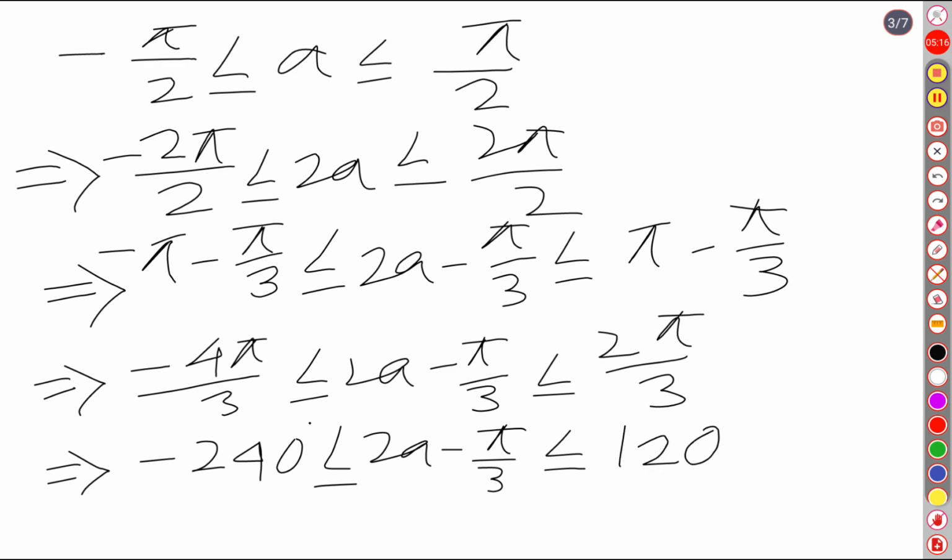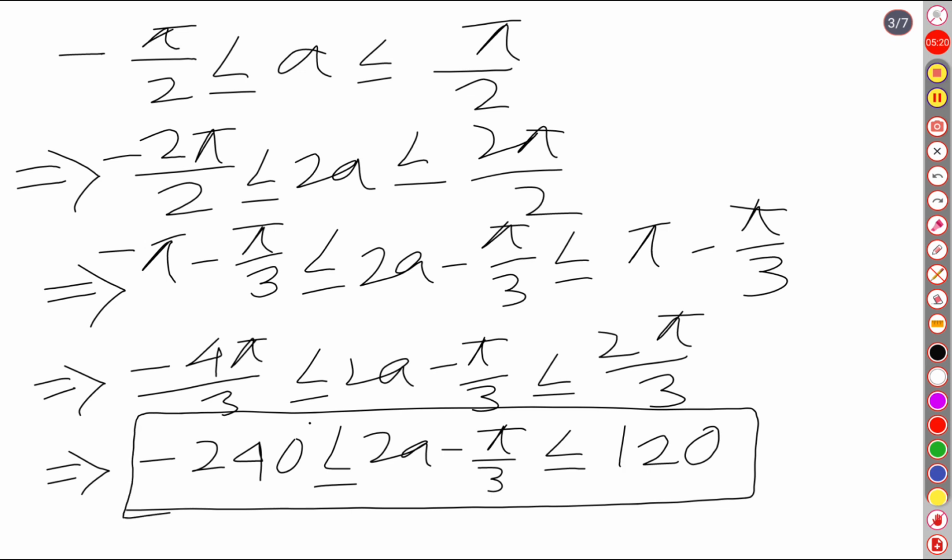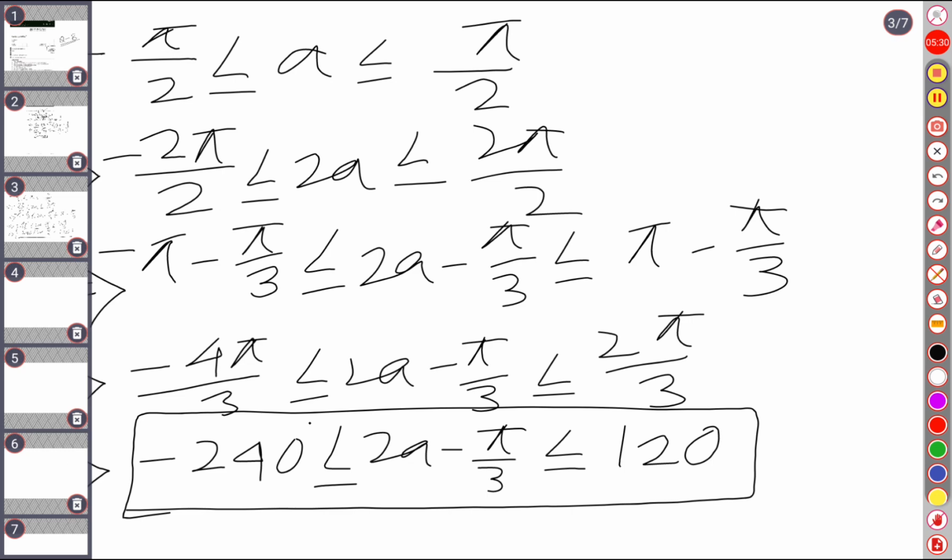So this is our ultimate domain. We can use this domain, negative 240 to 120. Let it be written. We will keep it visible beside our solution.